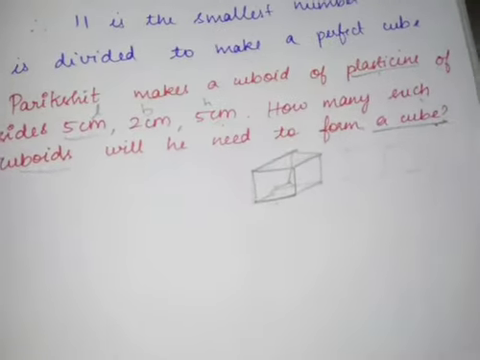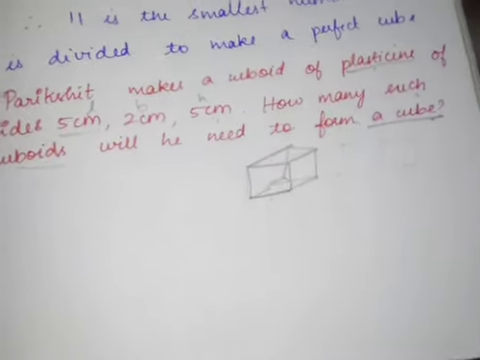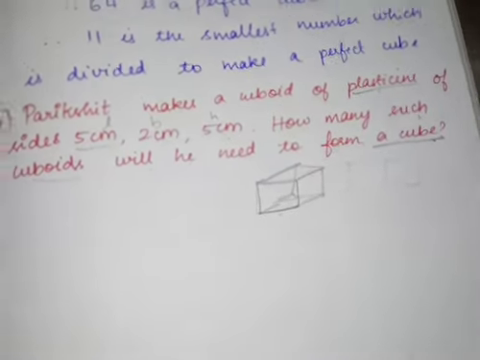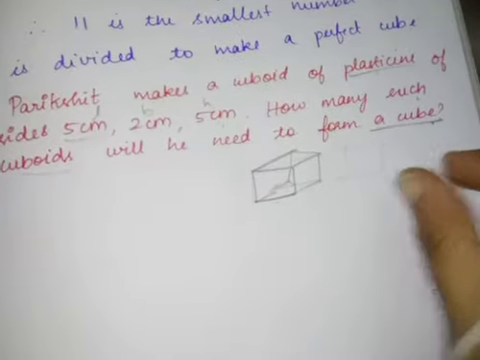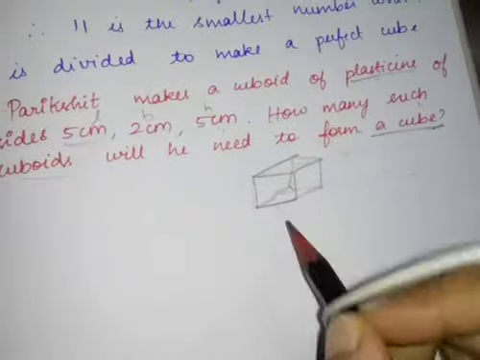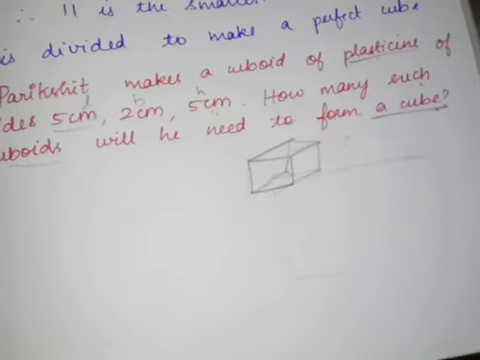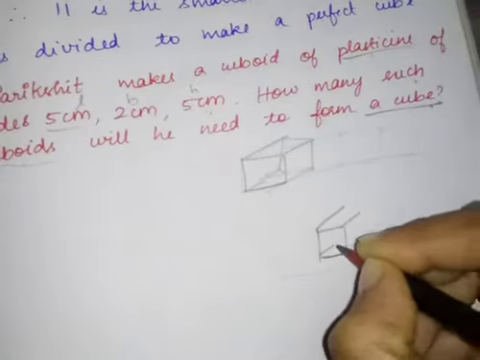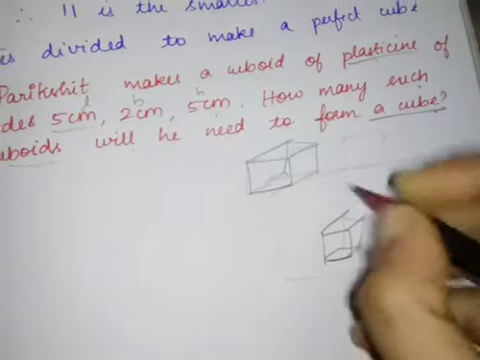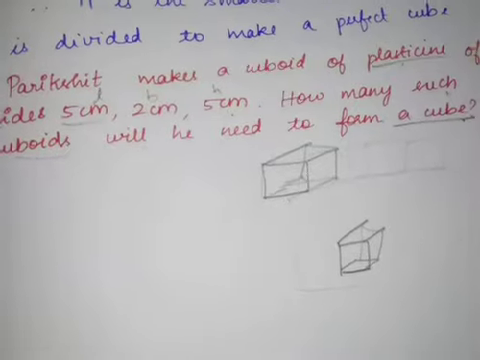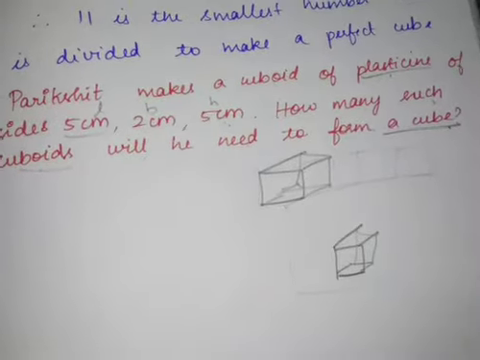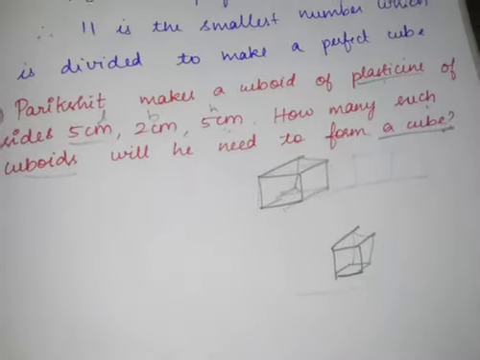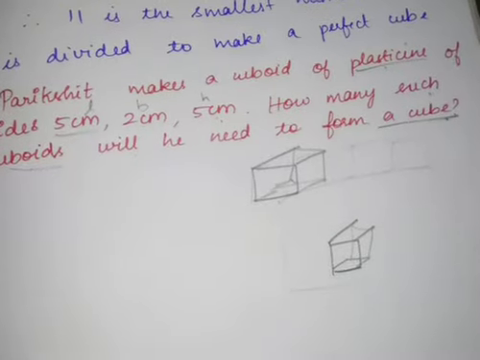Cube means what? It is a 3-dimensional shape of a square. You think like that. Small cuboids he is taking and arranging and making into a big cube. Cube will be like this square shape. This is your cube and your cuboid will be your rectangle shape. So small cuboids will be formed to make one cube.